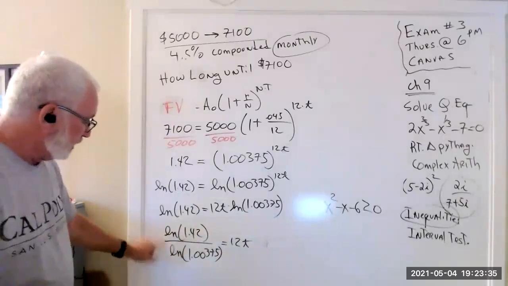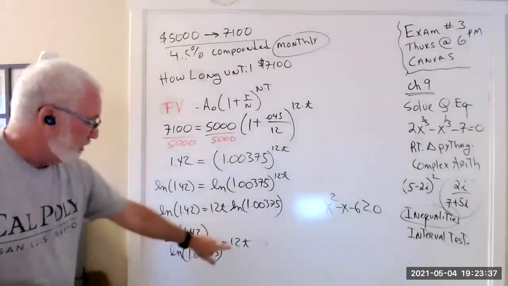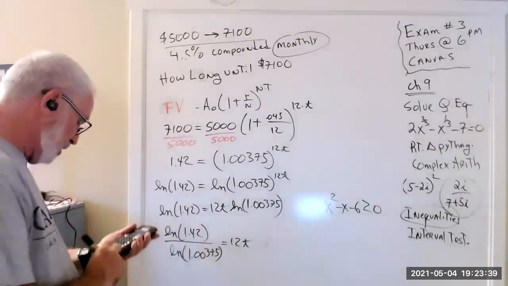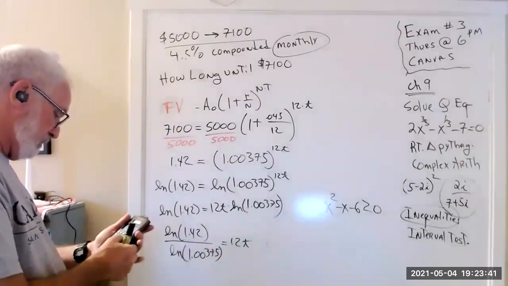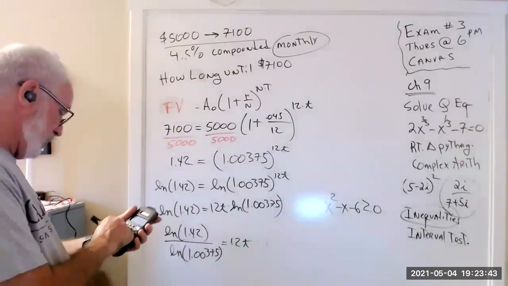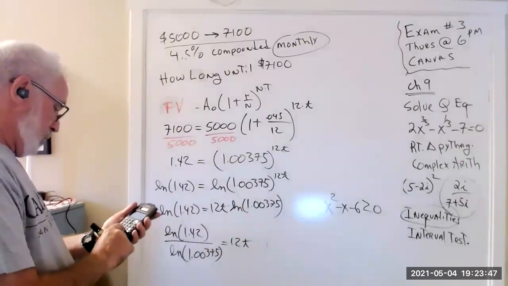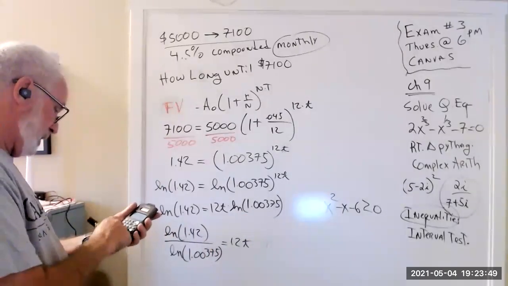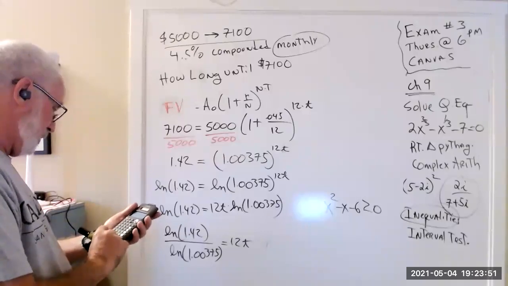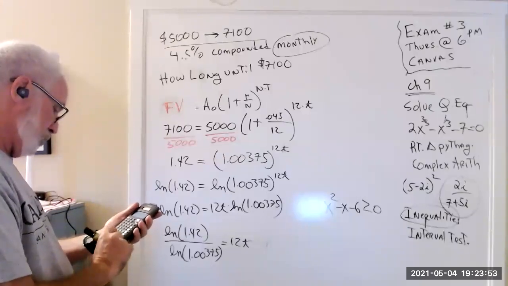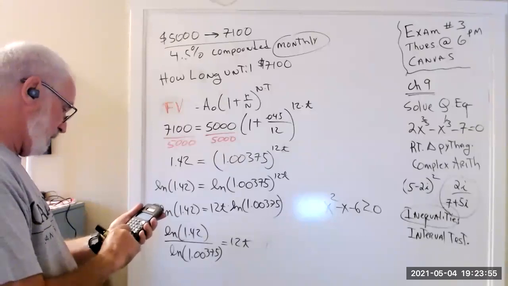So this is a job for my calculator now. I'm going to calculate these two numbers, division, then divide it by 12 to get t alone. Let's see what I get. So ln 1.42 divided by ln 1.00375.